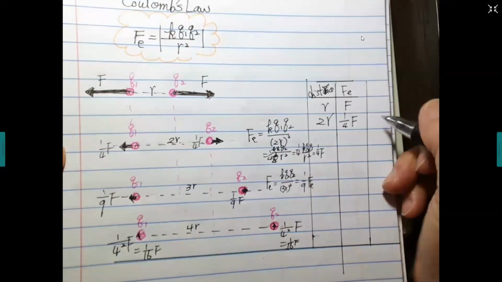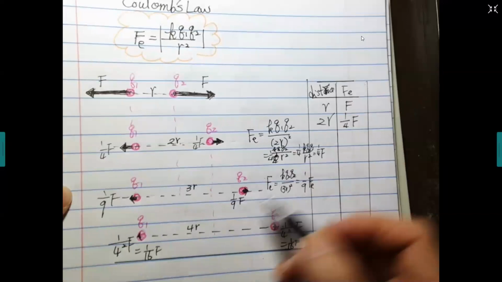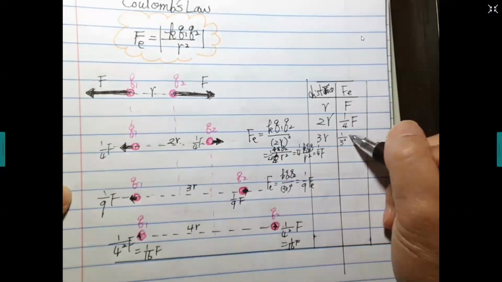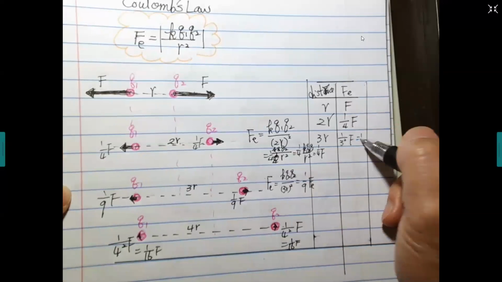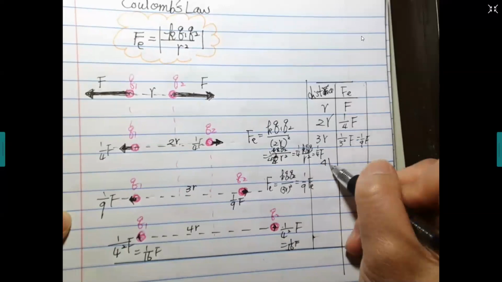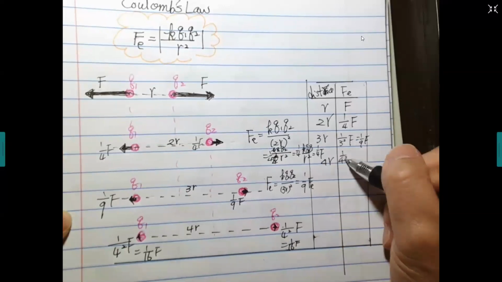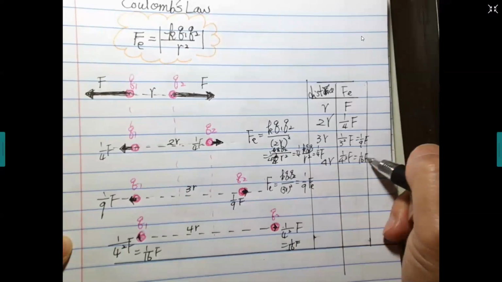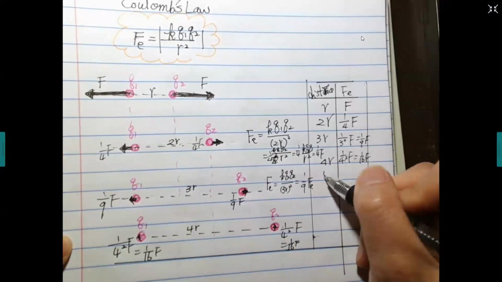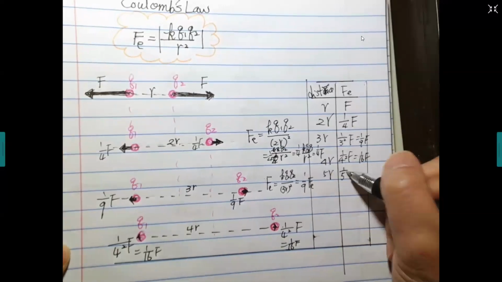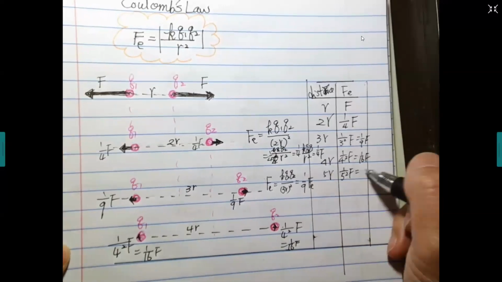When the separation is 3r, the force becomes 1 over 3 squared F, so it's 1/9. So on and so forth, when separation is 4r, the force becomes even weaker. When they are farther apart, at 5r, the electric force will become 1/25.